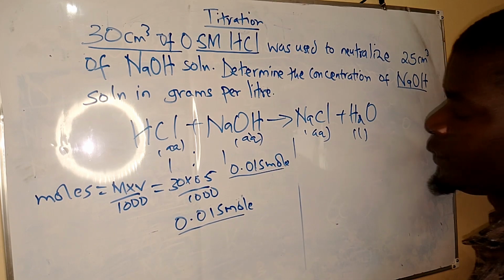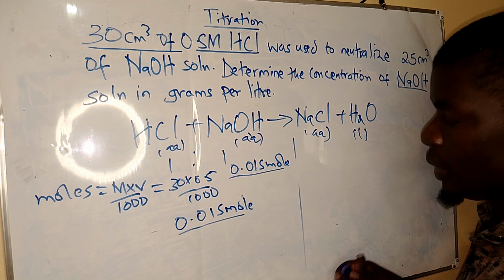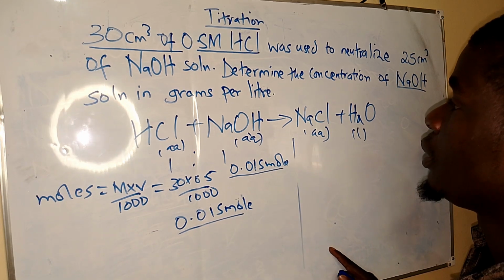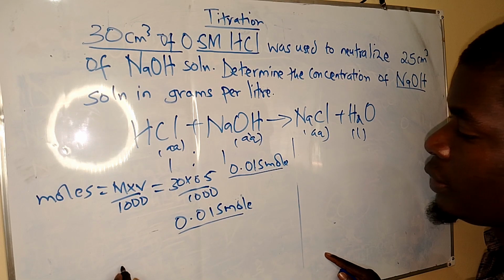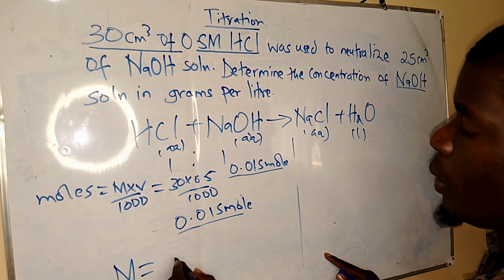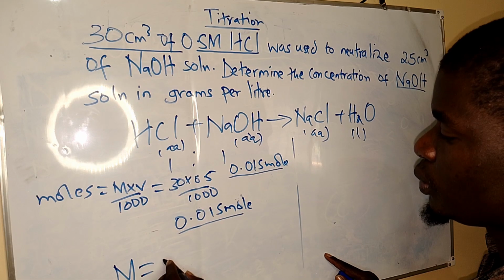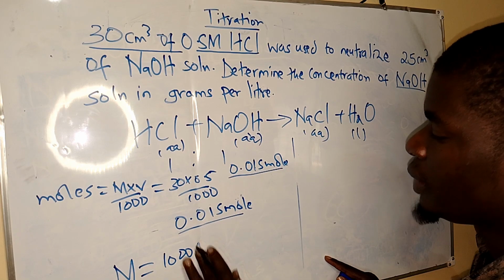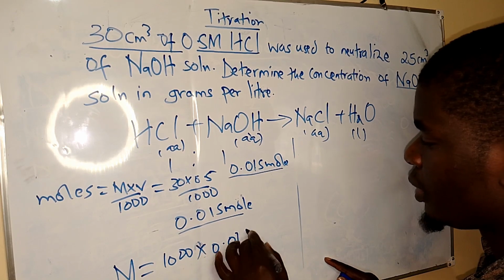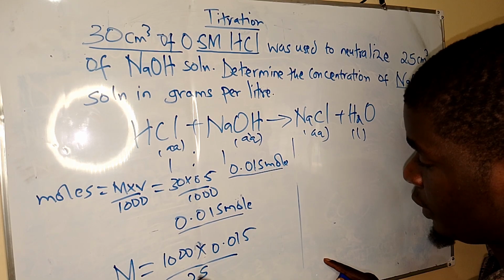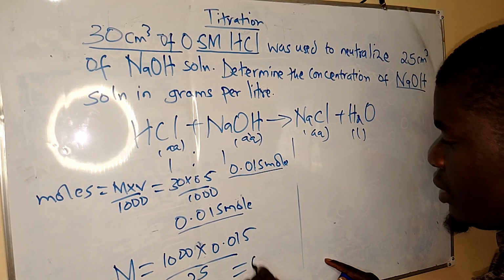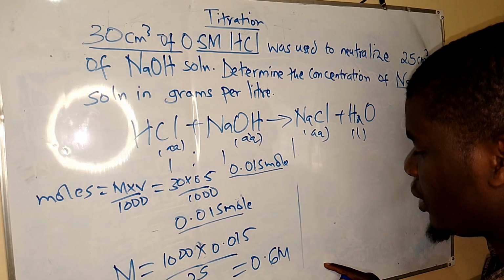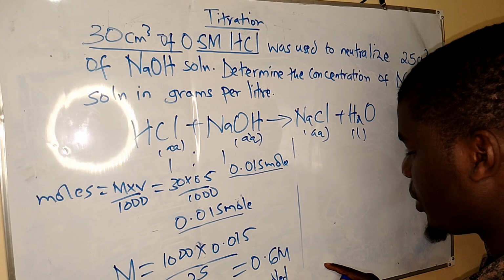After finding the number of moles, we can find the molarity, or the concentration in moles per liter, which is given by M equals 1000 times the number of moles, which is 0.015, divided by 25, which gives 0.6 M, or 0.6 moles per liter.